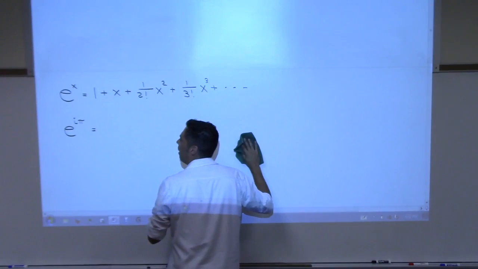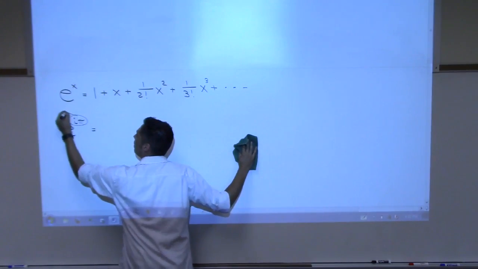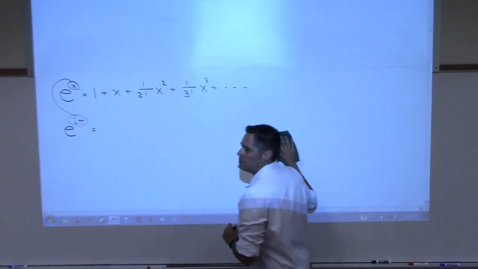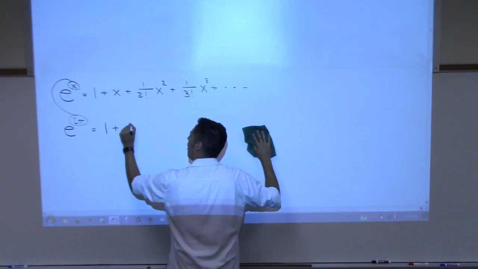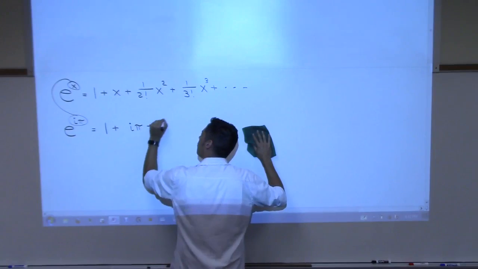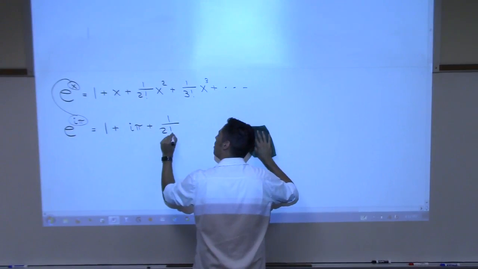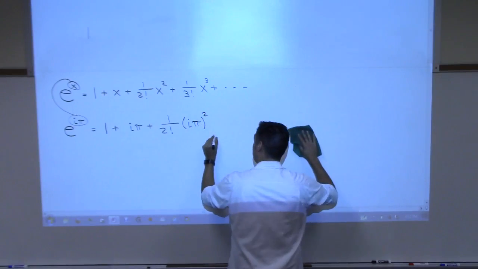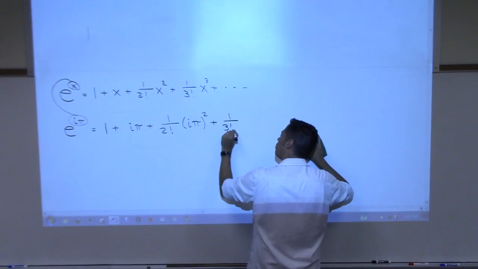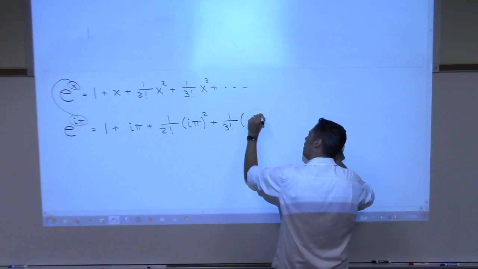Well, e to the i pi, this is my x, right? So this should be 1 plus i pi plus 1 over 2 factorial i pi squared plus 1 over 3 factorial i pi cubed.